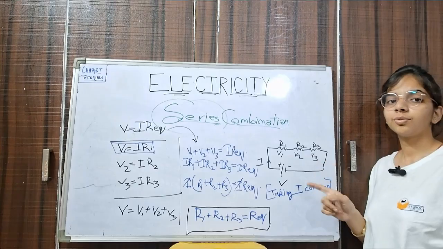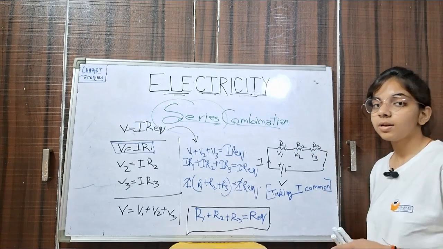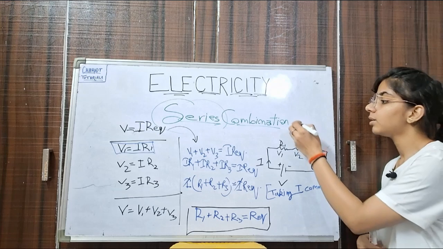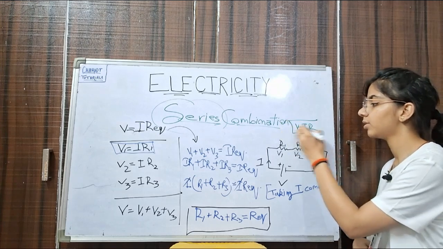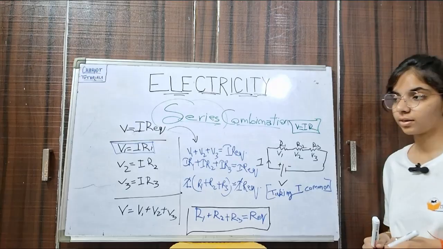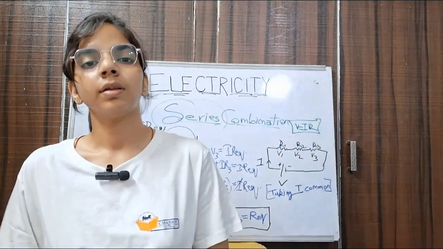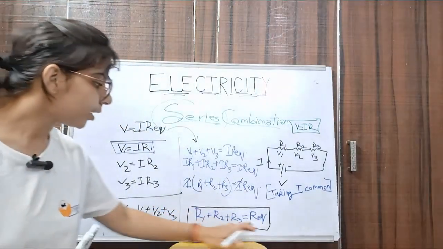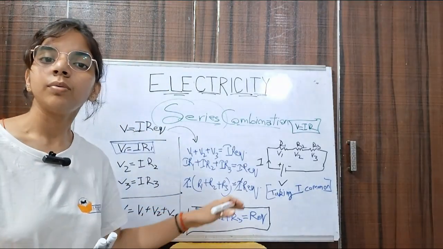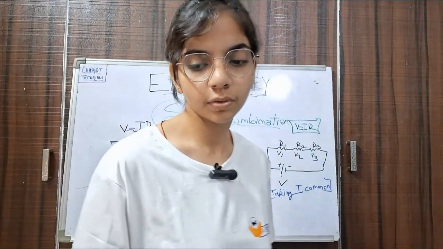Similarly, each resistance will take a different amount of potential, because in series the current is the same, and in order to satisfy Ohm's law, V is equal to IR, the potential difference will be different across each resistance. And we have our final equivalent resistance for series combination, that is R equivalent is equal to R1 plus R2 plus R3, right? So hope you all have understood.